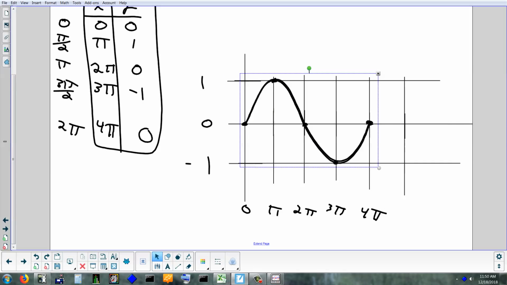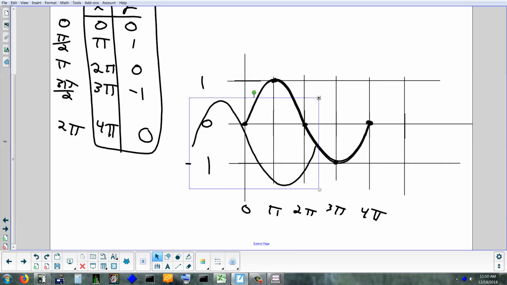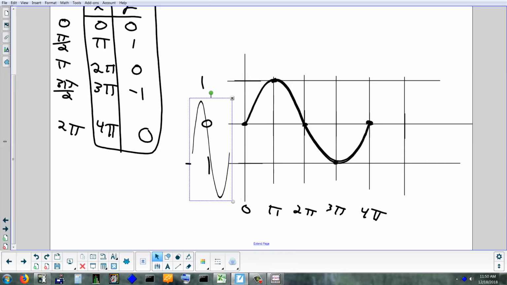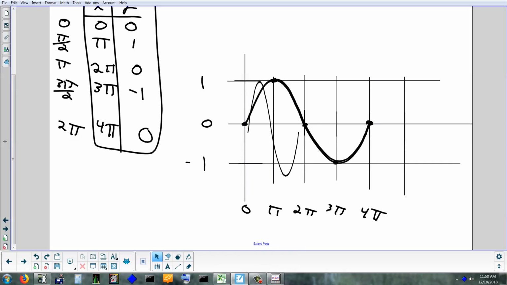Let's try doing this. All right, now it's letting me. So the normal one, if you were doing it on this graph, would look something like that. It's a little off, but you get the idea. It would be between 0 and 2 pi. This one has been stretched out.